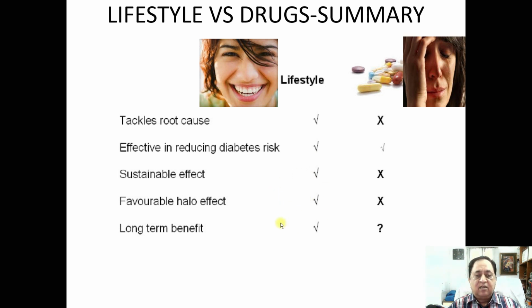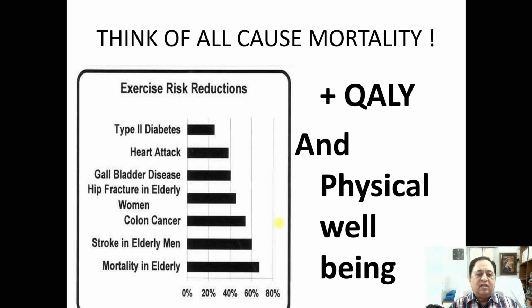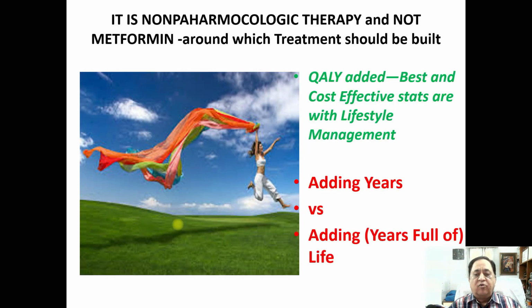Long-term benefits are proven in terms of lifestyle and modifications related to diet and lifestyle. So quality adjusted life years are absolutely unparalleled, coming better with lifestyle and diet modification in terms of reducing mortality in all these disorders, including diabetes, heart attacks, gallbladder disease, cancers, stroke, and overall mortality.